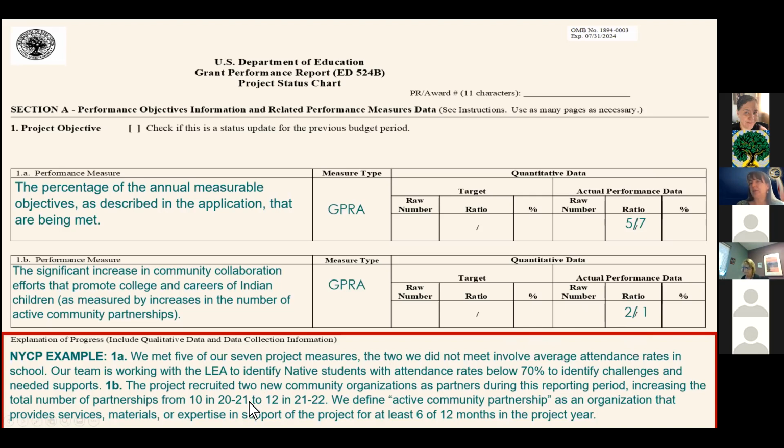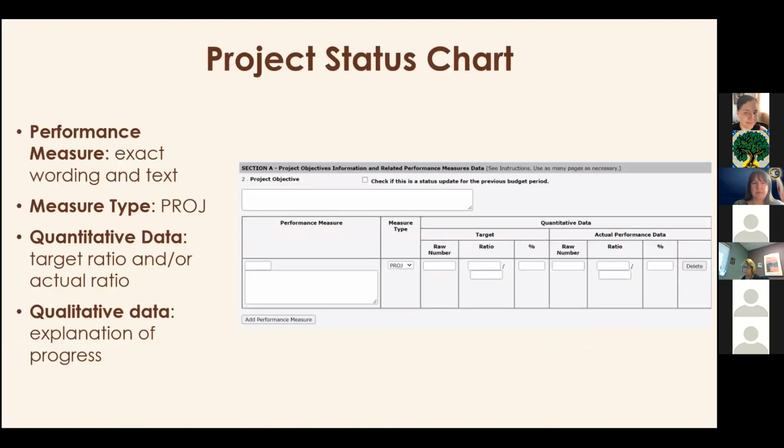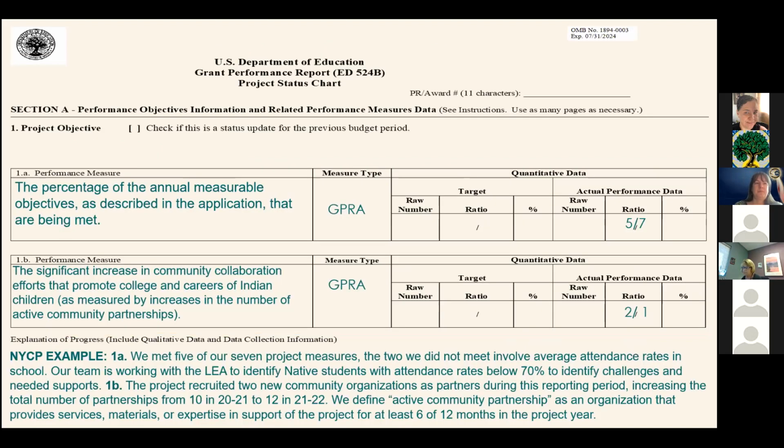And then we see down here below a little bit of information about how they've counted that and how they came up with those numbers. And again, those are partnerships that promote college and career readiness for the students that you're serving.